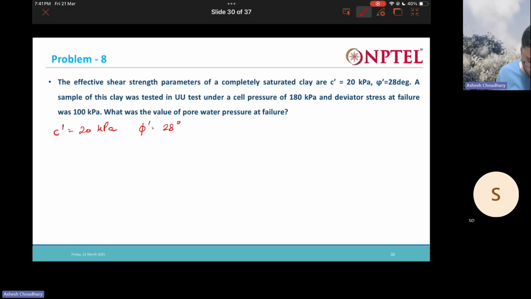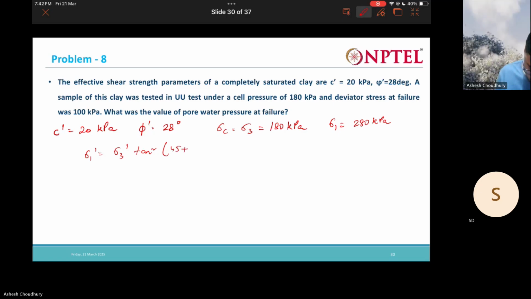So phi prime is 28 degrees. So sigma 1 prime is related to sigma 3 prime, which is 180 minus pore water pressure, let us say it is u.